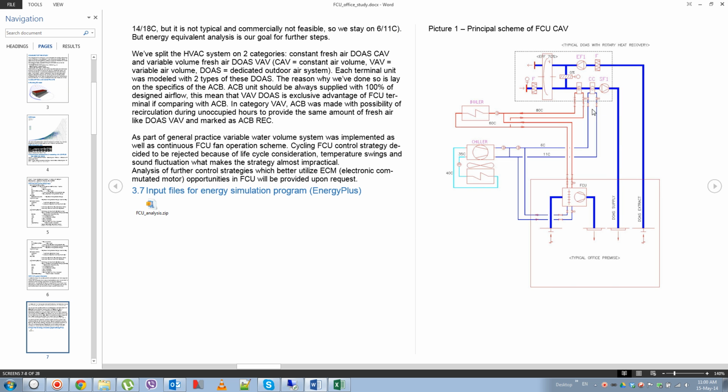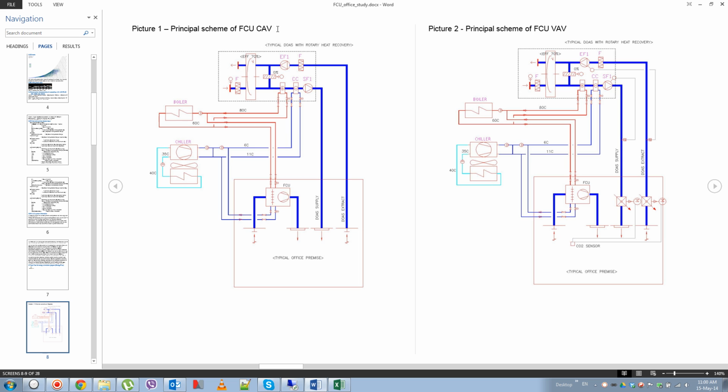So this is a typical air handling system with rotary wheel, supply duct, extract duct, boiler, chiller. All parameters are specified.